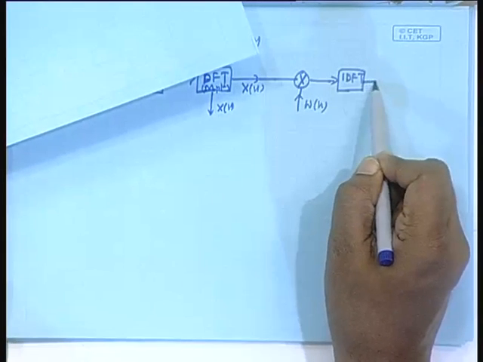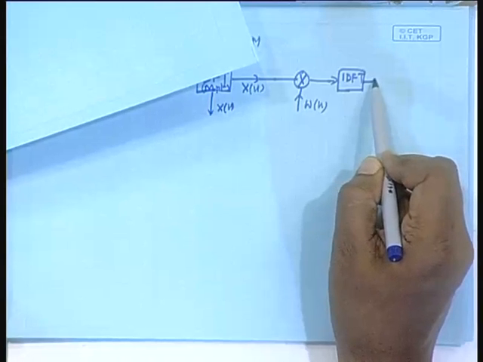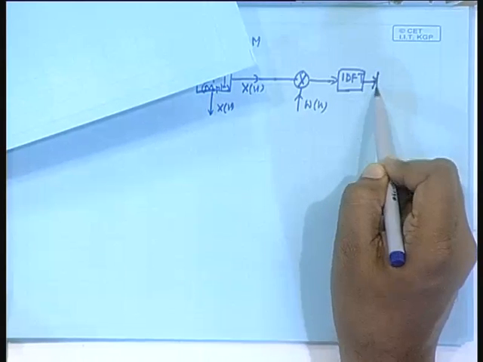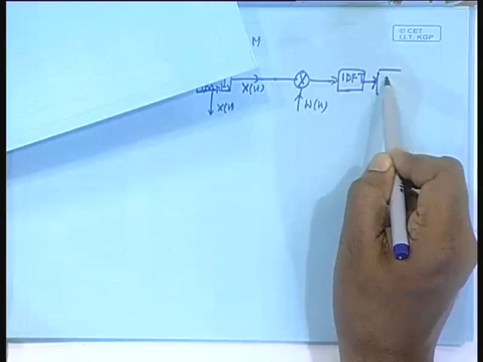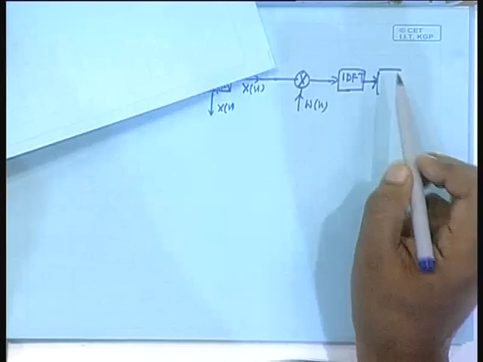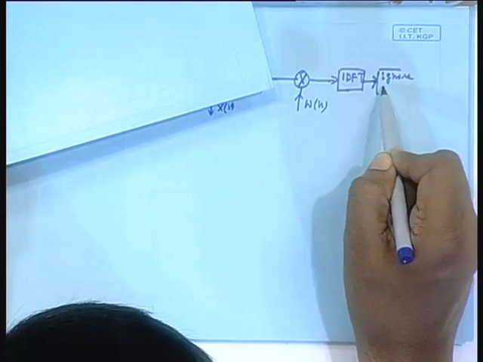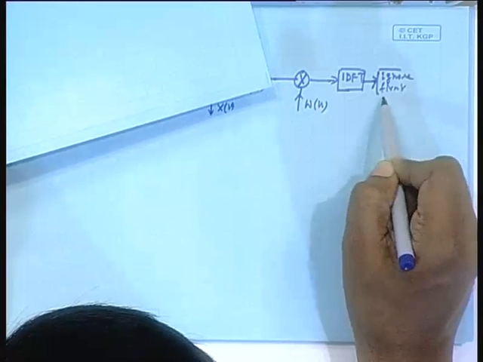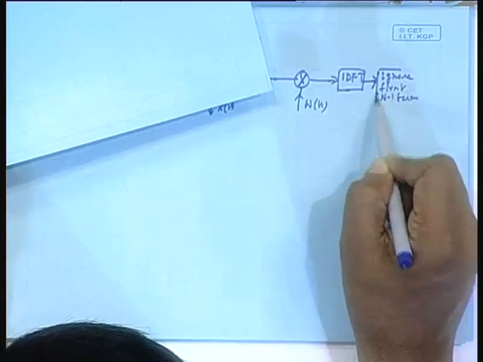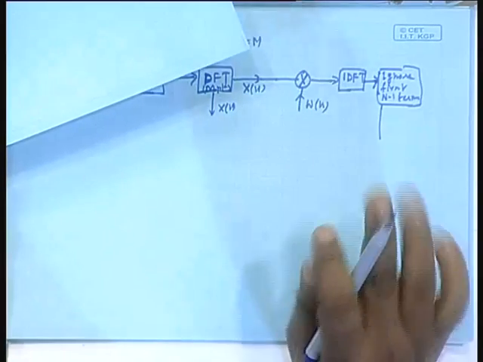After this IDFT, you ignore the first N minus 1 terms. I am writing this way, the book writes something else. Okay. So, filter output is available.